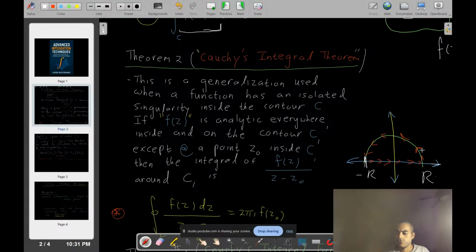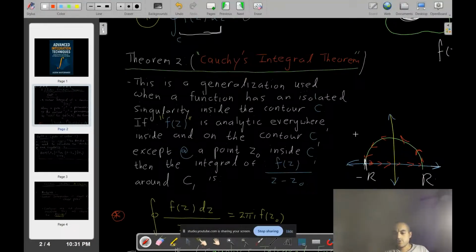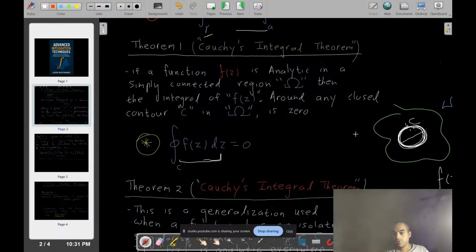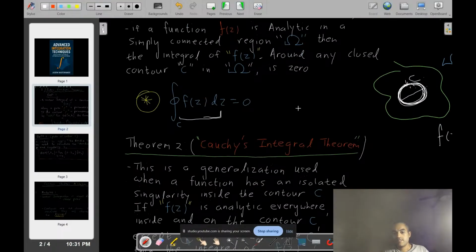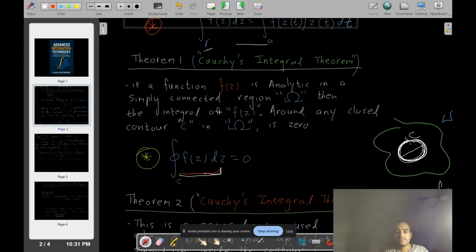Yes, this is a closed contour because the contour is bounded. What I mean by bounded is I start from minus R to R and then go back from R to negative R, so it loops back. Now, just because it's a closed contour doesn't mean that Cauchy's integral theorem will make the integral 0, because it also needs to be analytic and simply connected.